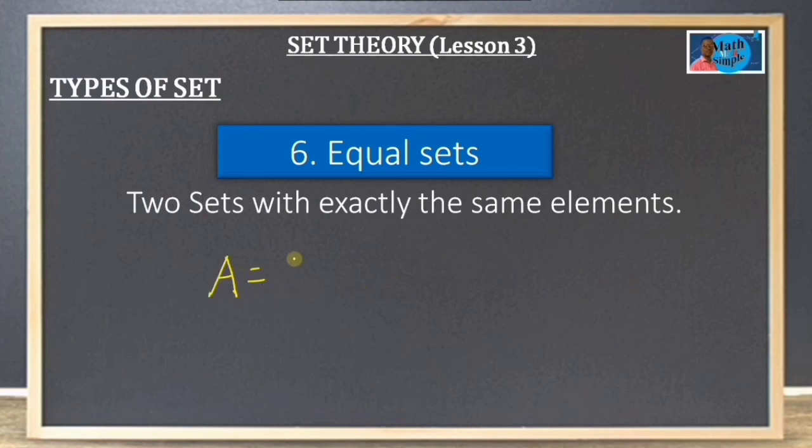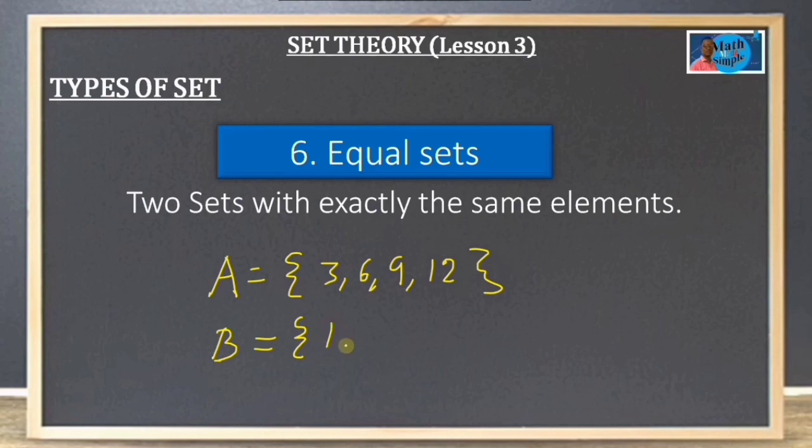If you have set A equals 3, 6, 9, 12, and set B equals 1, 2, 3, 4, and set C equals 3, 6, 9, 12.